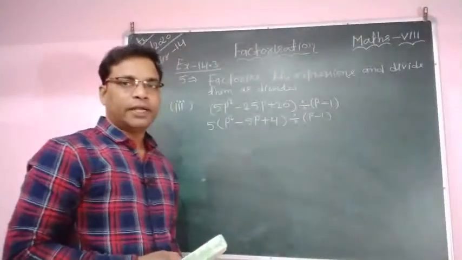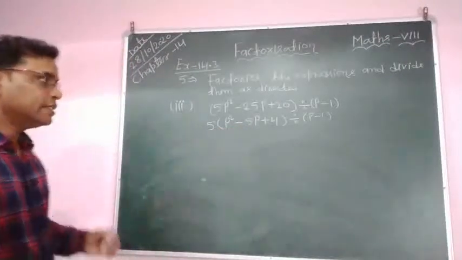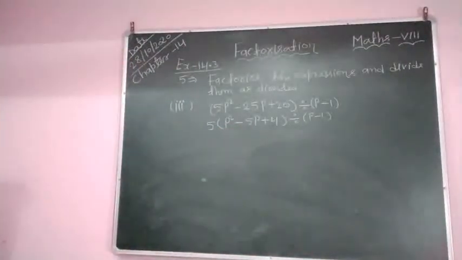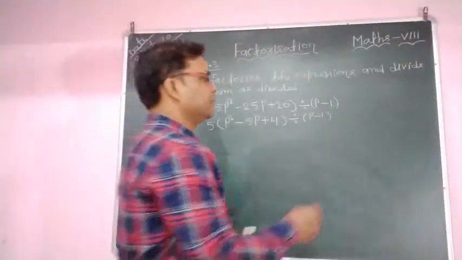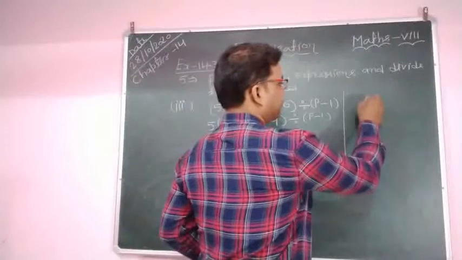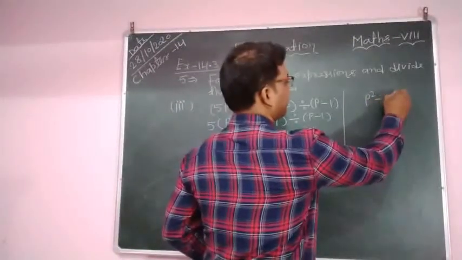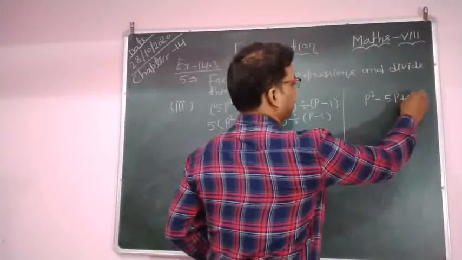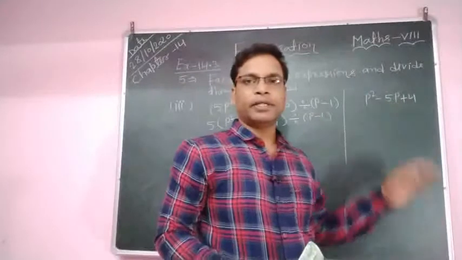So first we need to find the factors of p square minus 5p plus 4. For this we write p square minus 5p plus 4. Here you can see the constant term is 4, and its sign is positive.